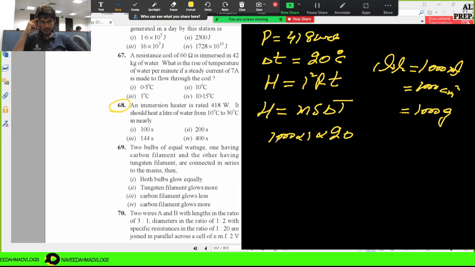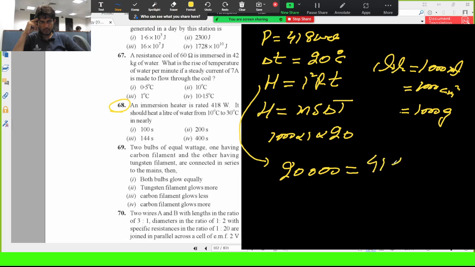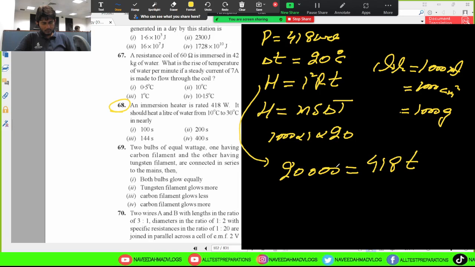So your H value will be equal to the power value, which is given to us. So instead of I square R, you will put the power value and you need to find the time. So 20,000 divided by 418, that is equal to 47.84.